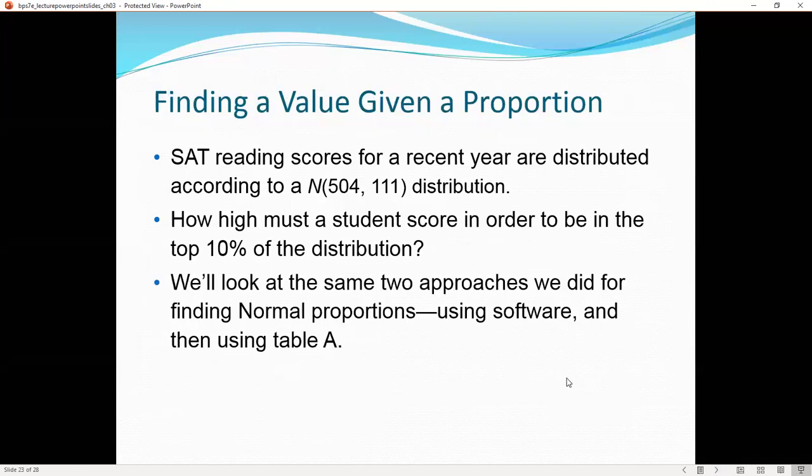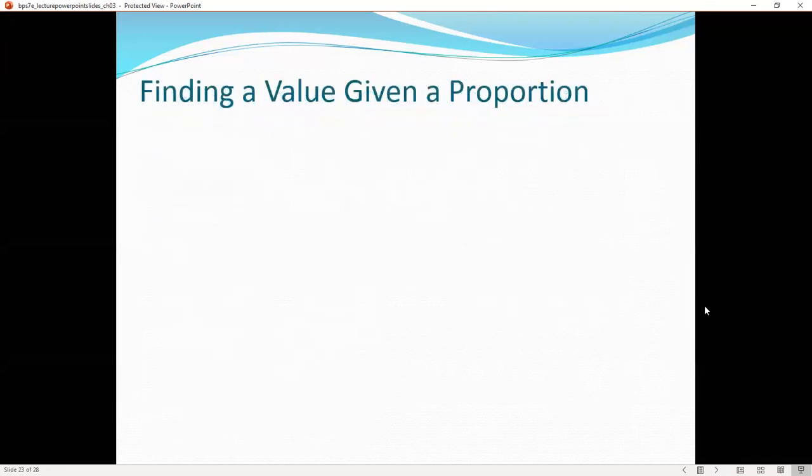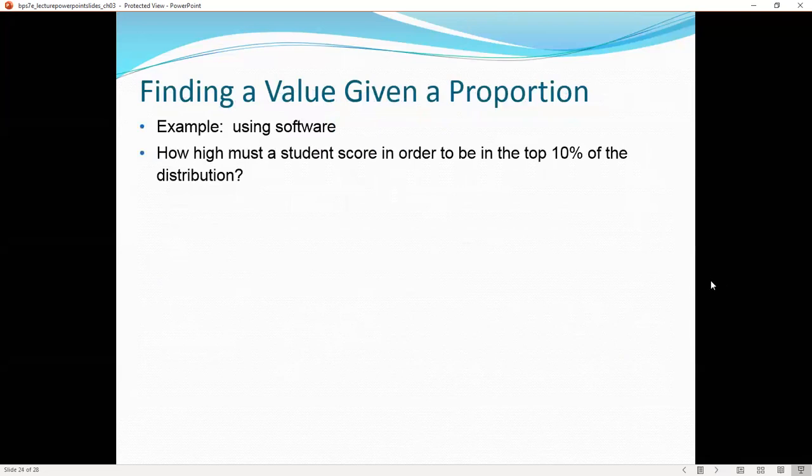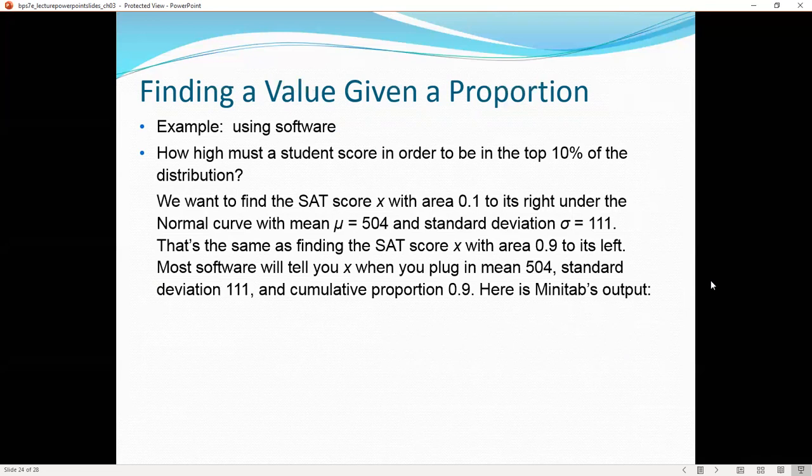We'll look at the same two approaches we did for finding normal proportions, but using software and then using table A. Finding a value given a proportion. Example using software. We want to find the SAT score X with the area 0.1 to its right under the normal curve with mean mu equals 504 and standard deviation sigma equal to 111.